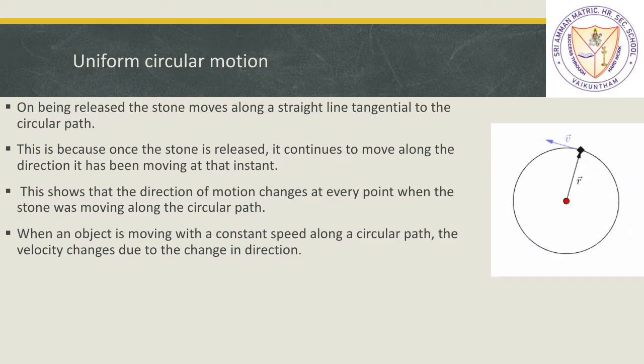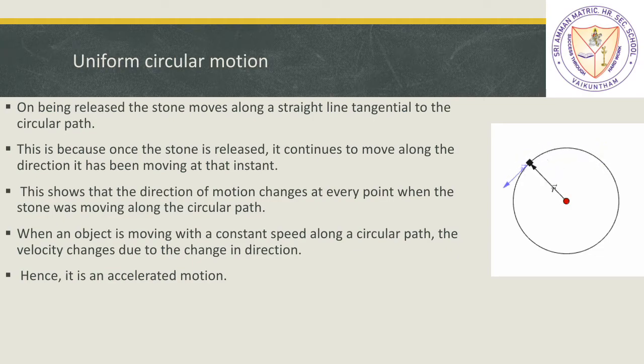Like in this case, the magnitude is constant, maybe like 3 meter per second or 3 meter per minute. It is constant at every point of time. The magnitude of the velocity is constant, but the direction of the velocity is changing continuously at every point on this circular path. So we say that there is a change in velocity.